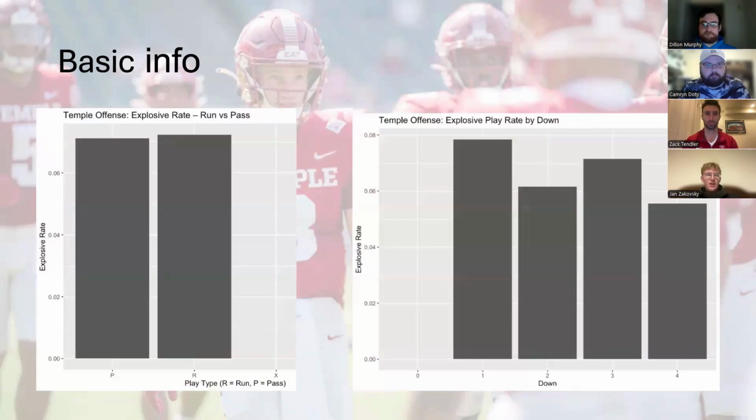Okay, so for offense, we start gathering some basic info. First, we of course filtered the explosive plays, so we got overall 59 explosive plays, 22 on one side, 37 on the other side. And then we ran some basic, essentially pivot tables through the summarize function in RStudio, just to see what the explosive rate was on passes, what the explosive rate was on rushes, and how it was per down.